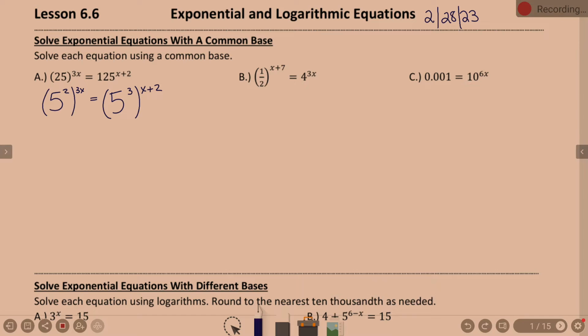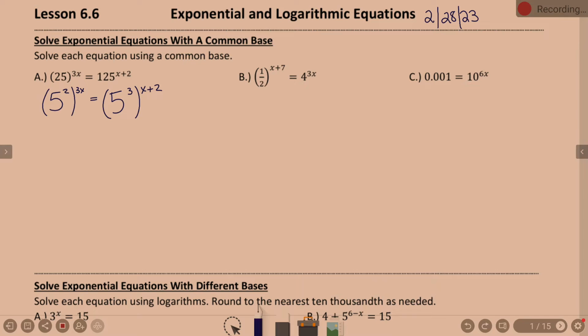Now, what do you remember about exponent rules? 5 to the second raised to the 3x. How do we put those exponents together? Am I multiplying them or adding them? Multiplying. You had a 50-50 shot, right? I'll take it.